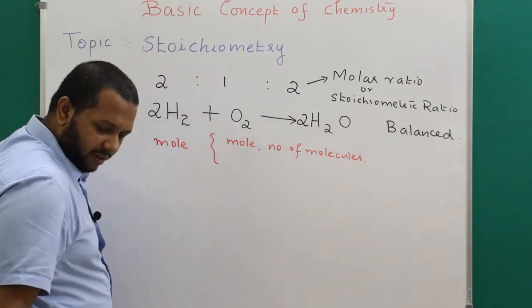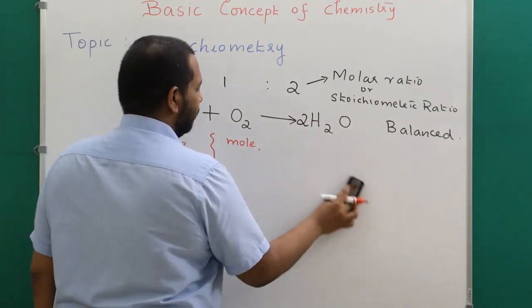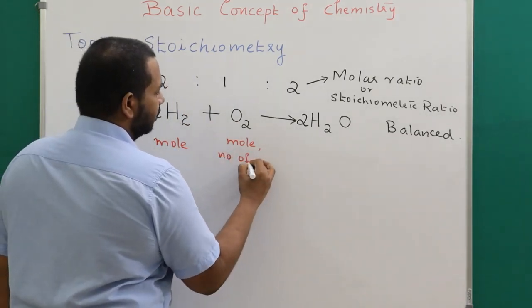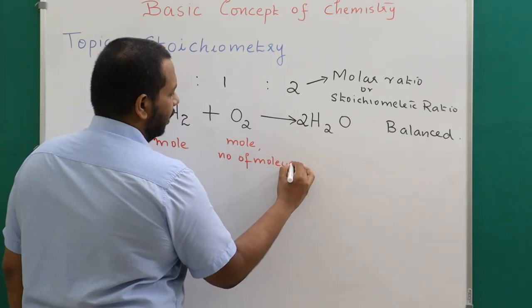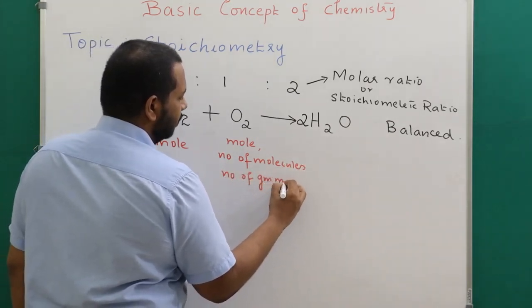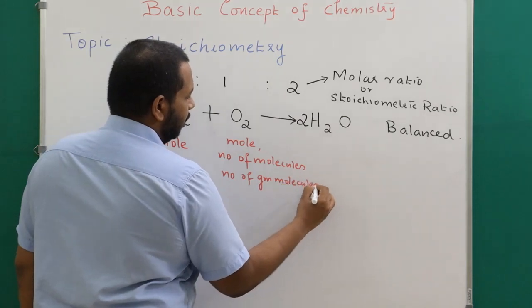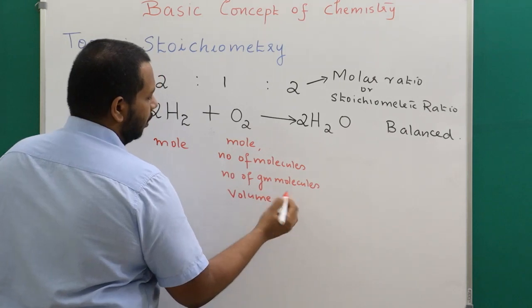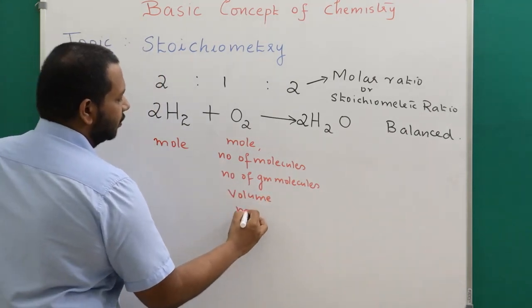I will write below, then it becomes easy for you, otherwise you get confused. So it can be number of molecules, or number of gram molecules, or volume. They can give volume, or they can give mass.